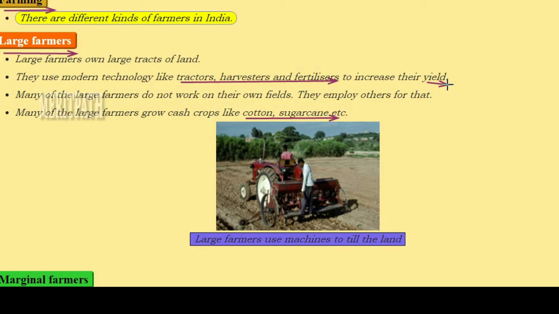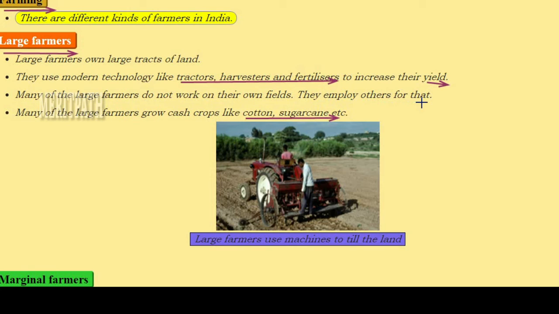How do these benefit the farmer? They increase the yield of the farm. What do we mean by yield of the farm? Yield means nothing but the quantity of the fruit they have produced, or the quantity of the seed they have produced. Because these farmers own a large area of land, they are a bit on the rich side of society.